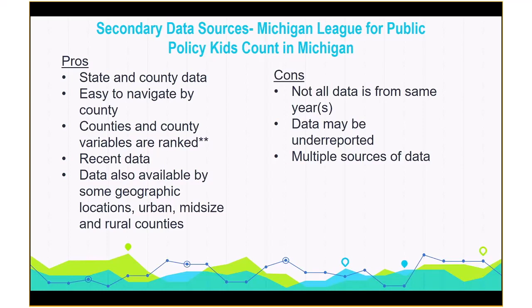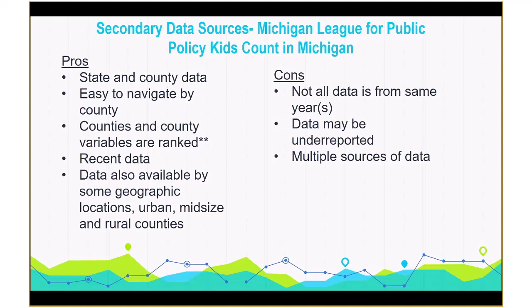It is also important to note that for some variables, it is common for data to not be representative of what is going on due to underreporting. This could particularly be true for child abuse and neglect, as there may be more instances of this occurring where it is not being reported to be investigated.